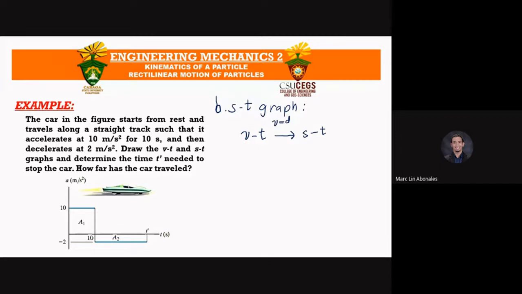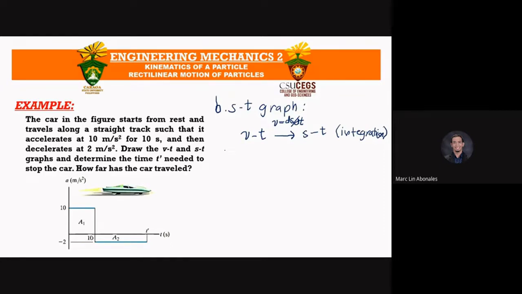V is equal to ds over dt, and ma-apply nimo ani for you to construct the ST graph is using integration. Okay? So for you to come up with a function na gamiton nimo for ST graph is using integration gihapon. So let us determine the two functions.